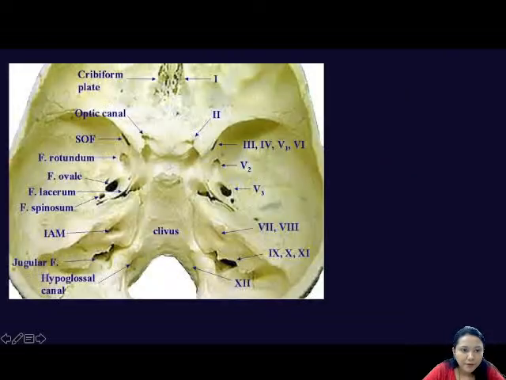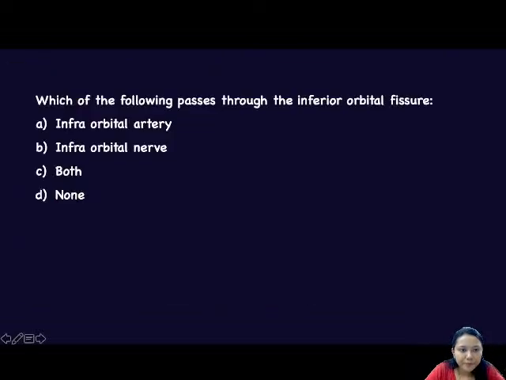Now, which of the following passes through the inferior orbital fissure? Someone should answer this. We have just studied the superior orbital fissure, and we have also studied the inferior orbital fissure. We had a mnemonic for the inferior orbital fissure also. They have given infraorbital artery, infraorbital nerve, both, or none.